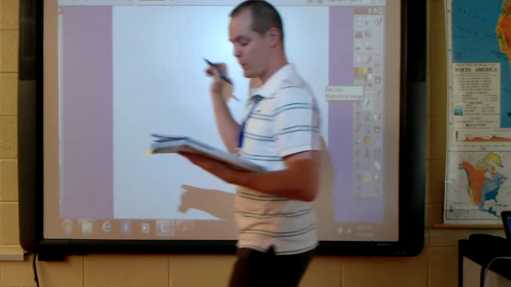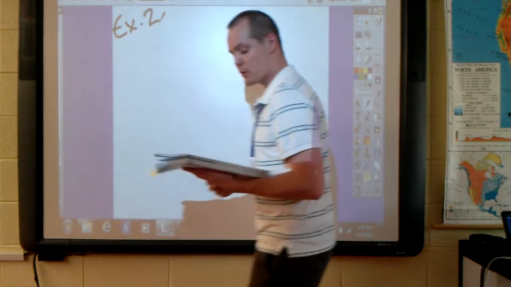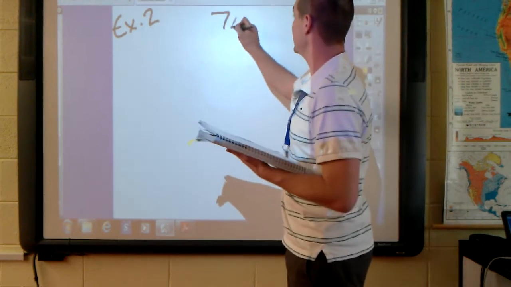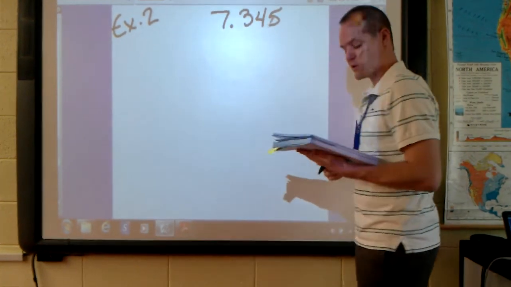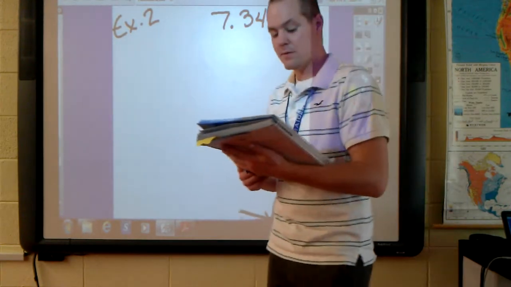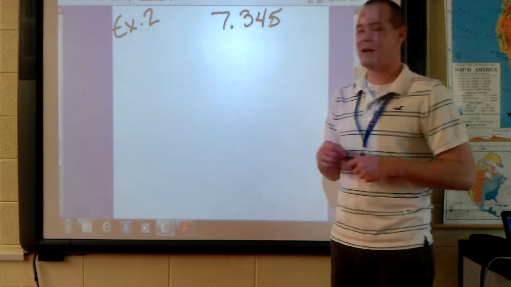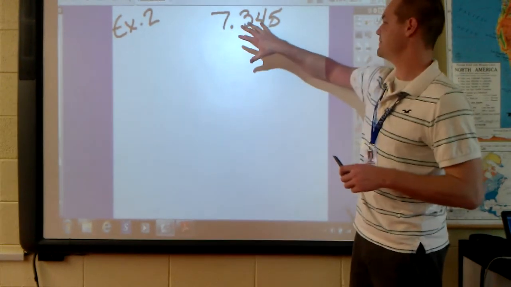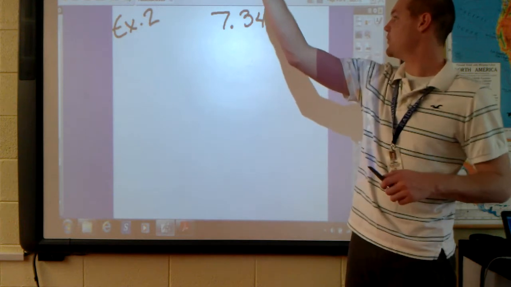Okay, example number 2. Example number 2 says round 7 and 345 thousandths to the nearest whole number. Okay, this is something that we've dealt with already. We've already seen numbers like this. They just haven't been to the thousandths place.